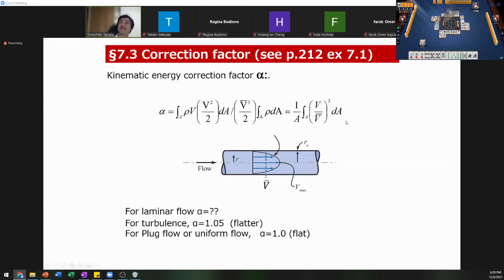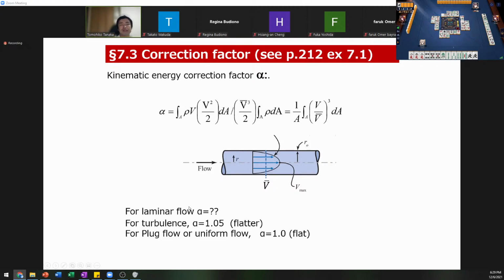And then finally you can calculate alpha by following these definitions. So this is just a mathematical trick. You don't really have to memorize these equations.